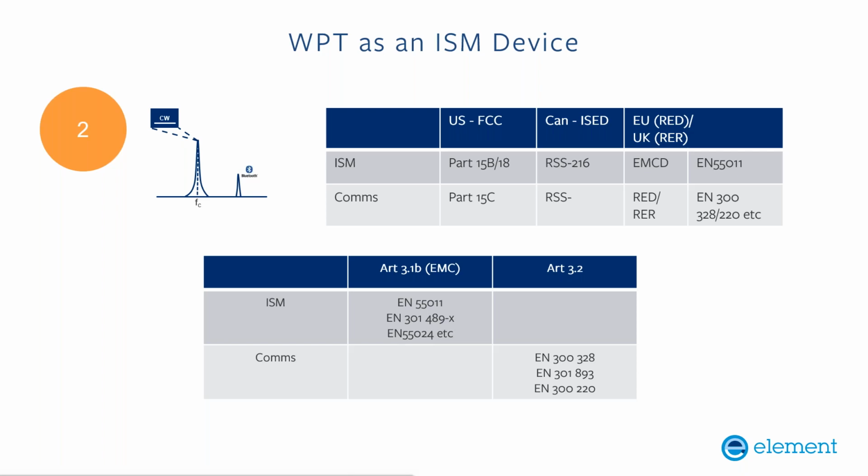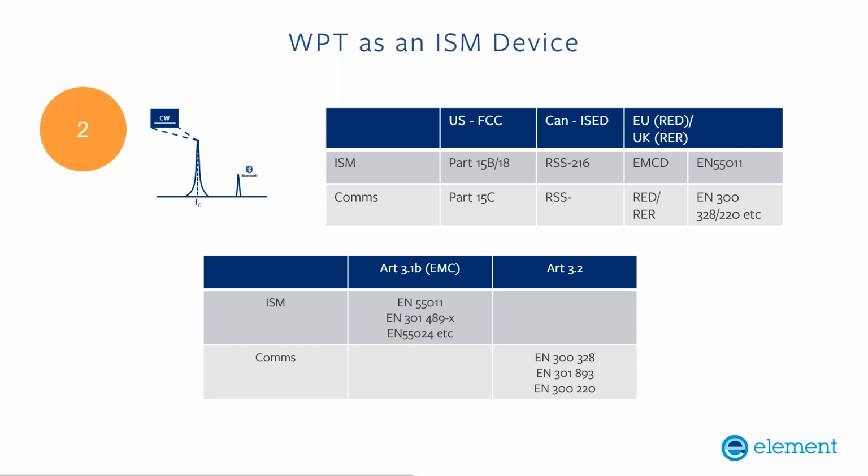The power frequency would be assessed under the EMC regulations, and the communication part would be assessed under Article 3.2 to make sure that the communications function is operating on the right frequency, with all the right channel access mechanisms implemented for that particular type of technology itself.